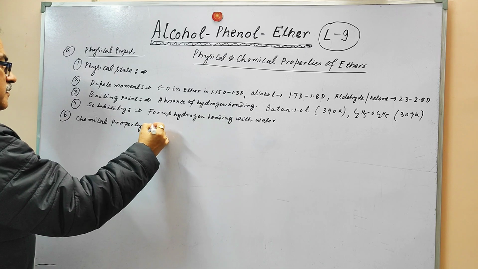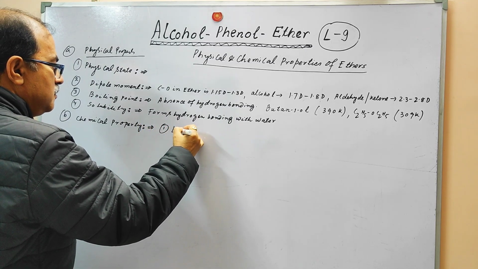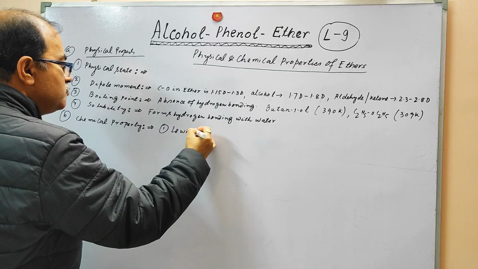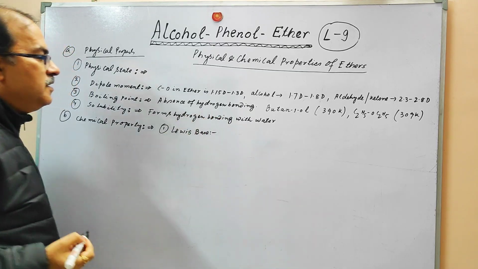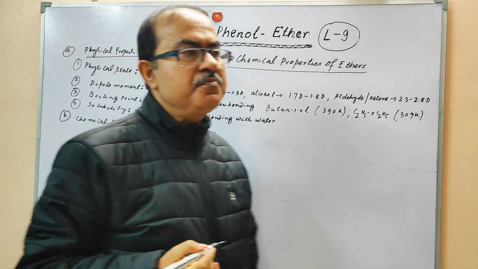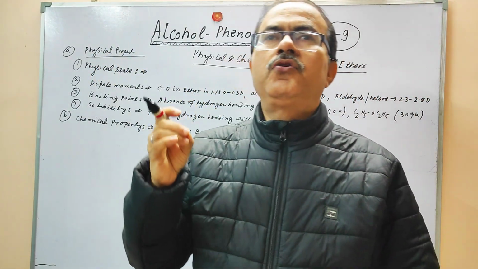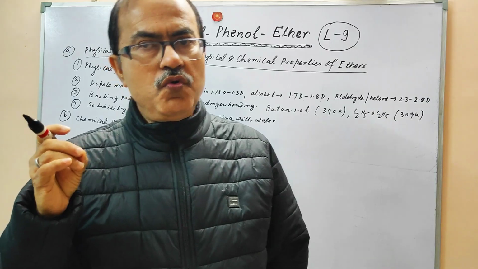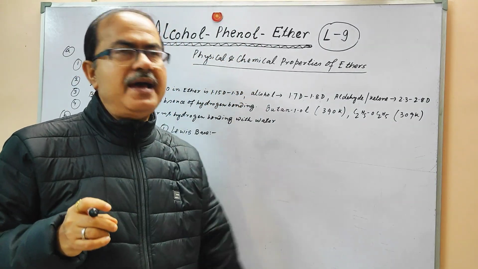In chemical properties, the first point that we are going to discuss is that it acts as a Lewis base, because the oxygen atom has two lone pairs, and these lone pairs can be donated to any acid.